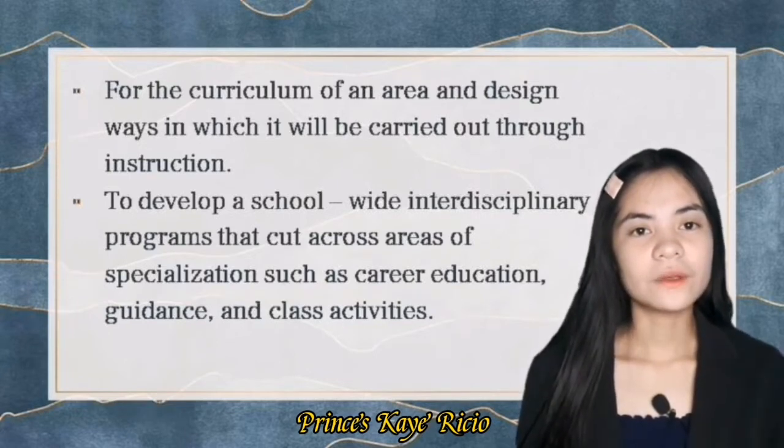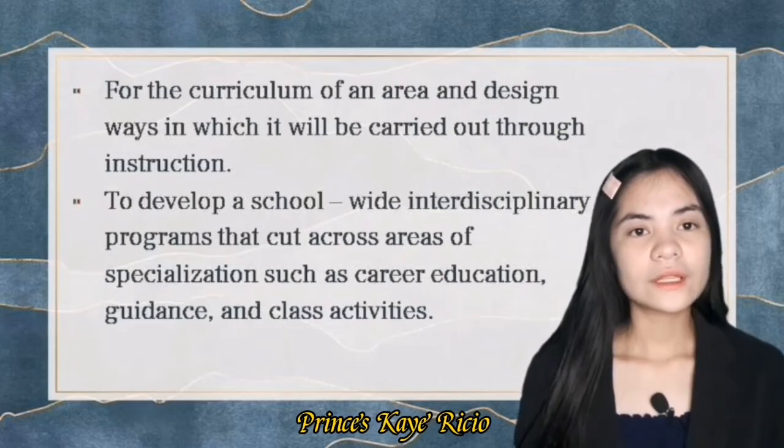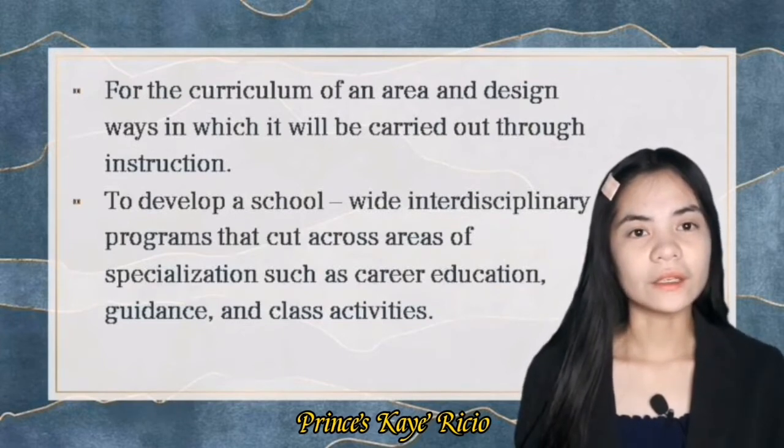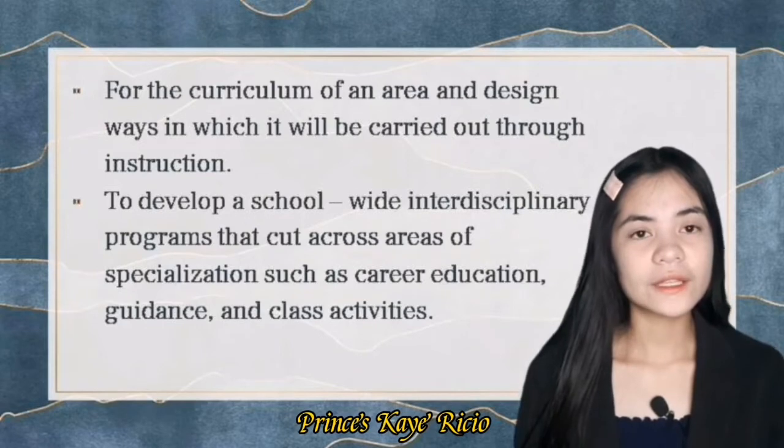In the second bullet, the teachers can create a plan to improve school-wide interdisciplinary strategies that cut across areas of discipline, such as career education, recommendation, and course training. This means that they can improve and expand the programs that aim to develop areas of specialization.